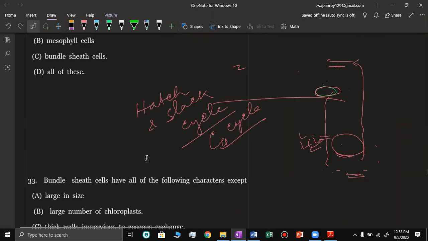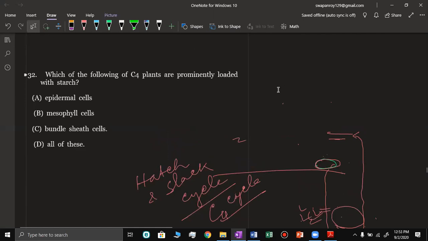In a C4 plant, in which cell or tissue can we find more starch? Whether it will be the mesophyll cell, bundle sheath cell or epidermal cell.